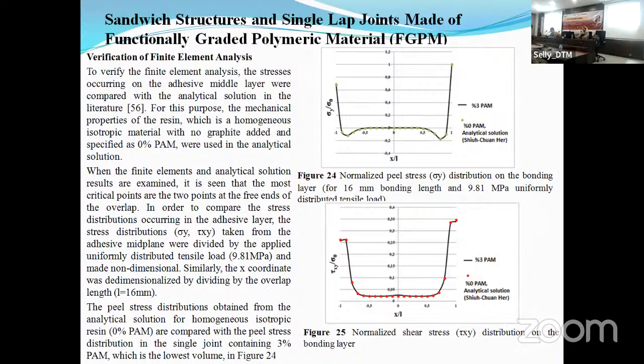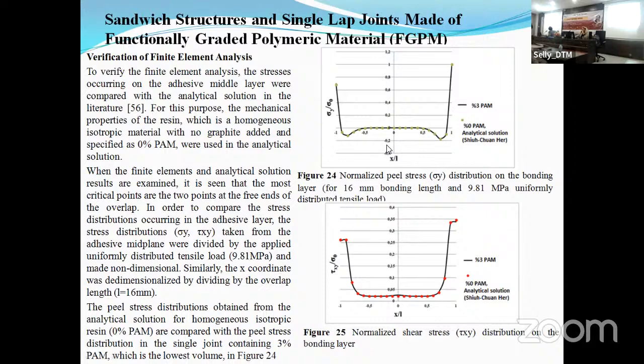And we also need verification. This is the normalized peel stress. We generally use normalizing. What does it mean? It's free of dimension. So we take sigma y over sigma original. It's the normalized peel stress.